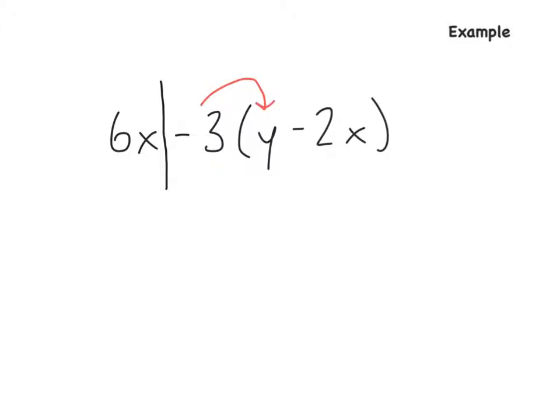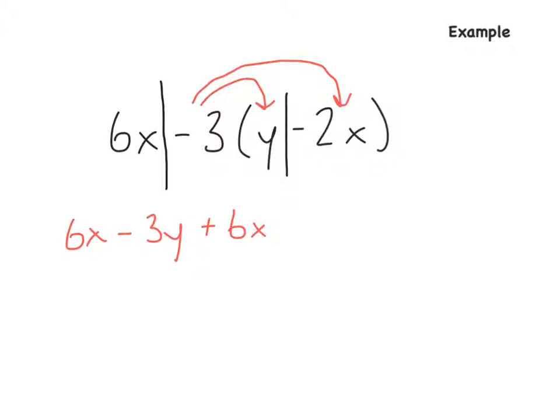So let's just first write down the 6x. So negative 3 times y is the same as minus 3y. Then what is a negative 3 times a negative 2x? So negative 3 times a negative 2x is a positive 6x. So now we have 6x minus 3y plus 6x.